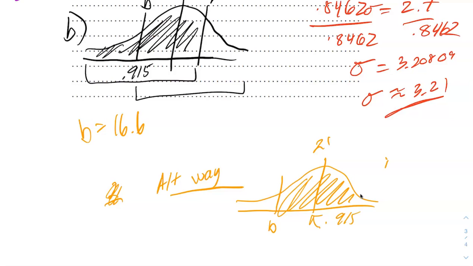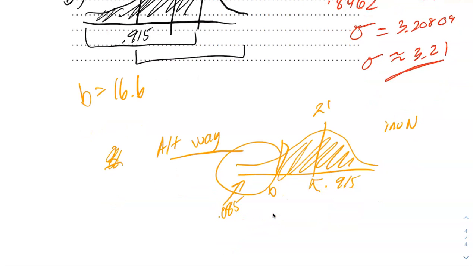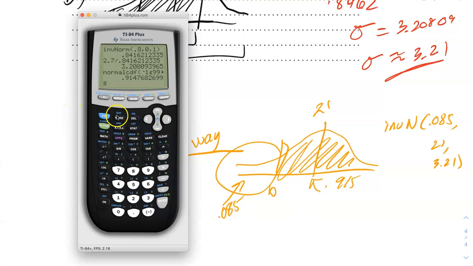So I could do inverse normal, and I have to do the left side, so 0.085. The mean is 21, the standard deviation is 3.21. If I put that in my calculator, I should get about the same answer. It won't be exactly the same because we had to round, but it should be close. Since you know the probability of being higher than B, you can just do inverse normal of that.